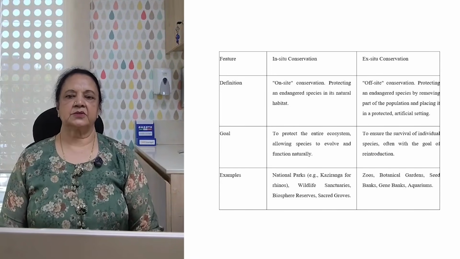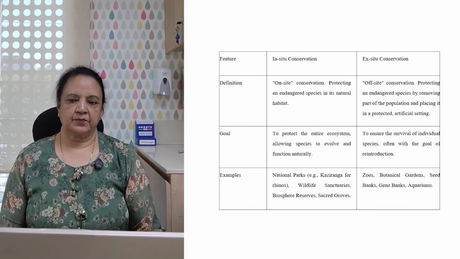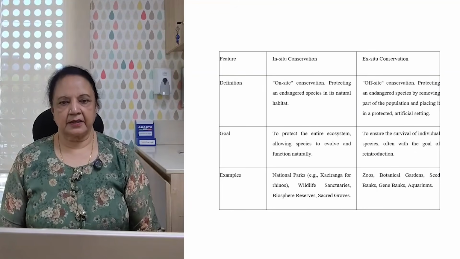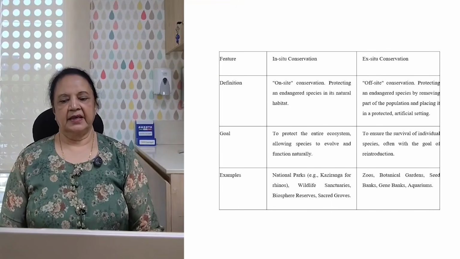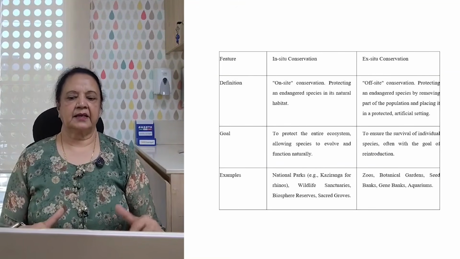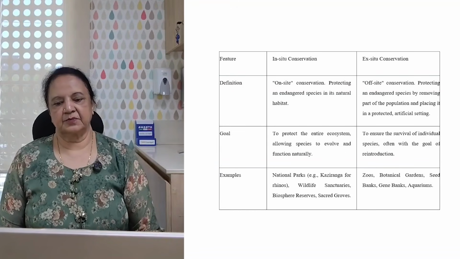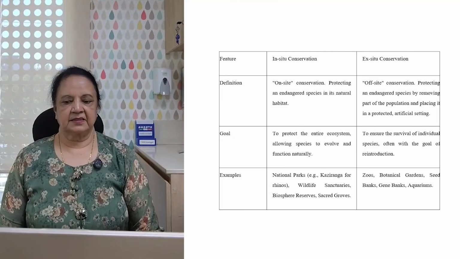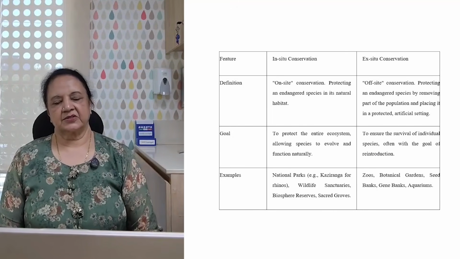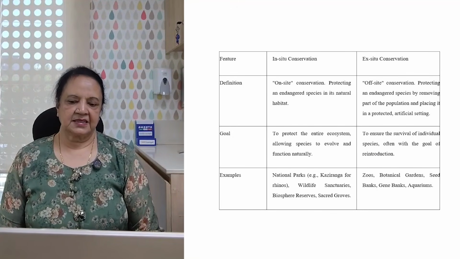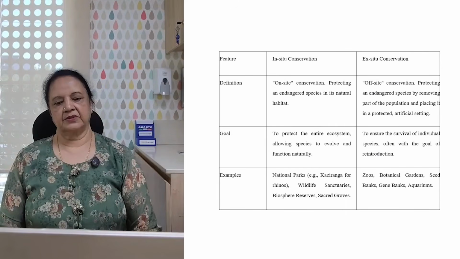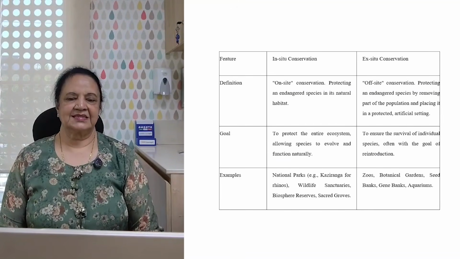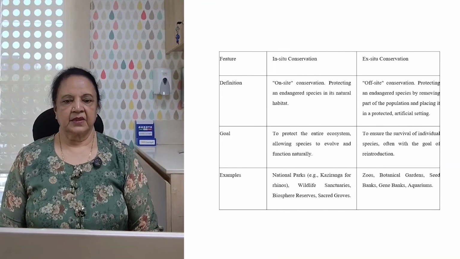In situ means on-site conservation, protecting an endangered species in its natural habitat. Its goal is to protect the entire ecosystem, allowing species to evolve and function naturally. Some examples: construction of the national parks like Kaziranga for rhinos, wildlife sanctuaries, biosphere reserves, sacred groves.